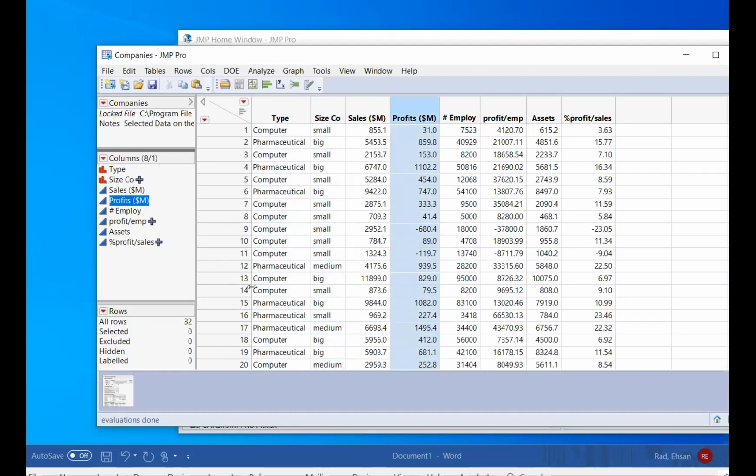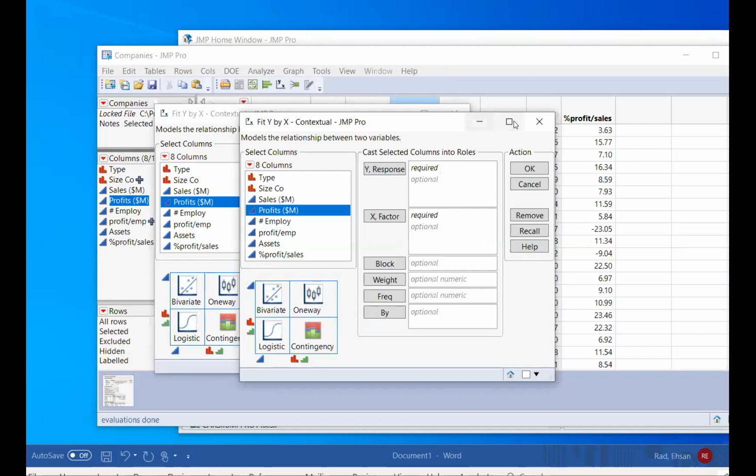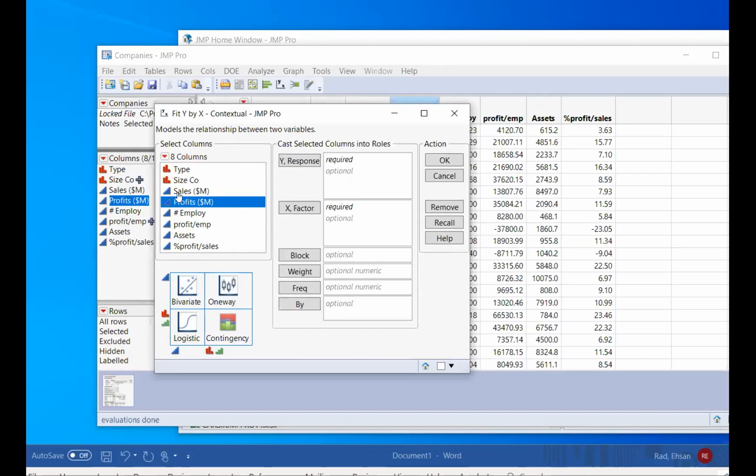Is that happening? How do I know it's happening? I need to make sure that there is a significant difference between the groups of size. So since I have one IV, one DV, I go to Fit Y by X, and I choose profit as DV and size as IV.